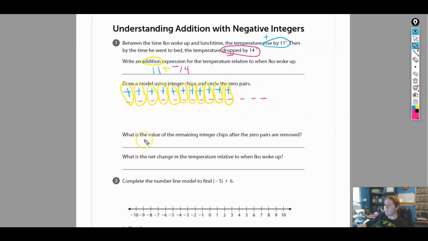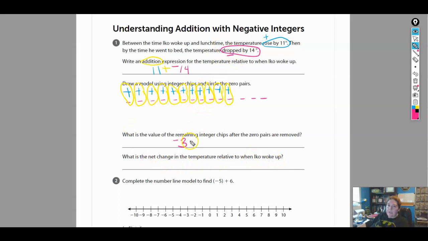Let's see what happens. What is the value of the remaining integer chips after the zero pairs are removed? What is the value of these? What are these worth? Well, there are 3 of them, but what kind? They are negative. So there's negative 3 left. What is the net change in temperature relative to when Akio woke up? All right, this goes back to my real world problem up here.